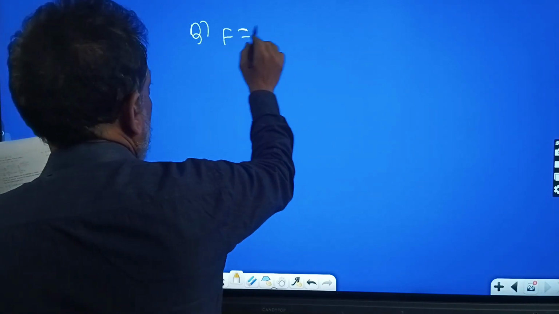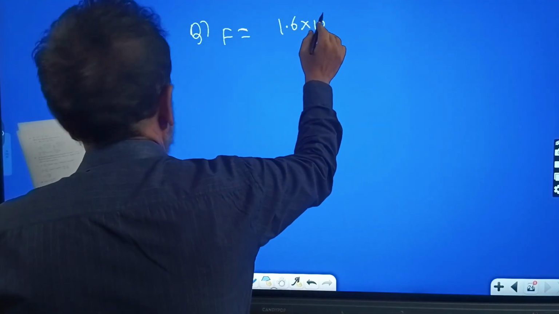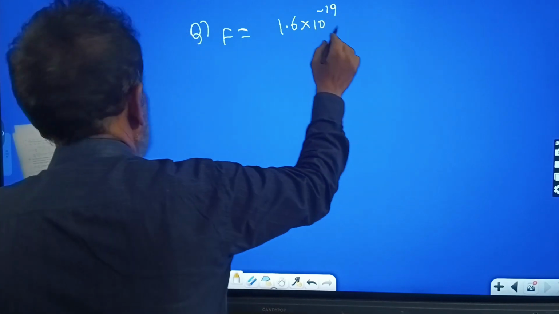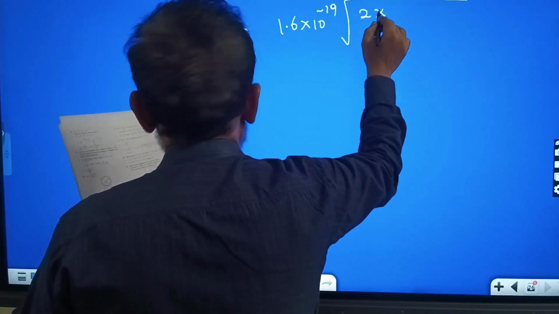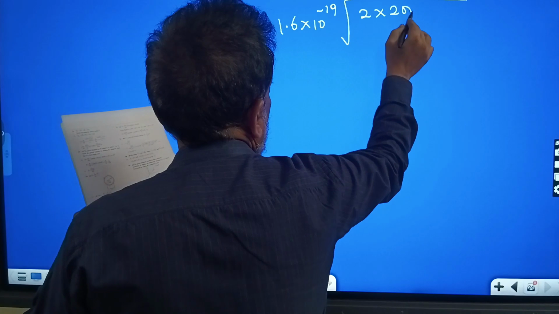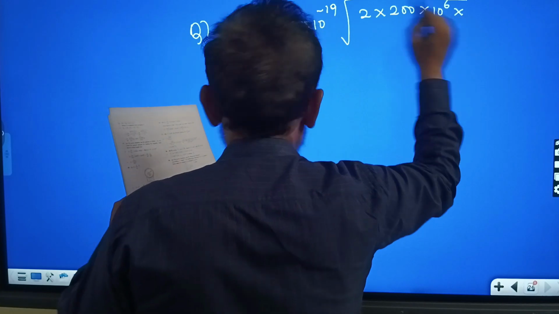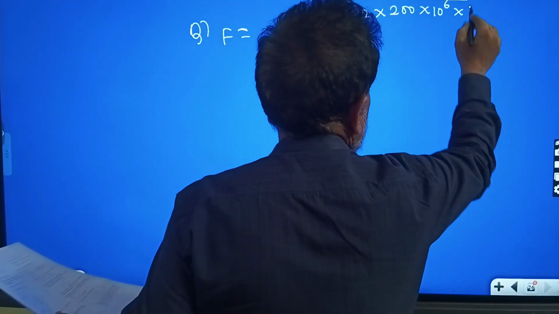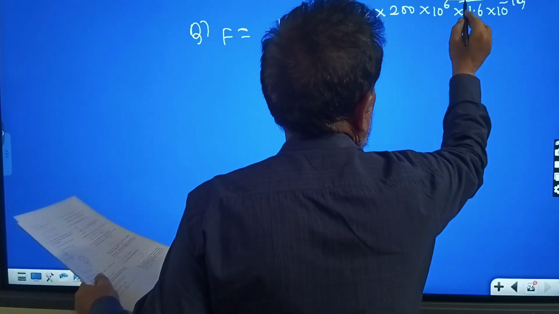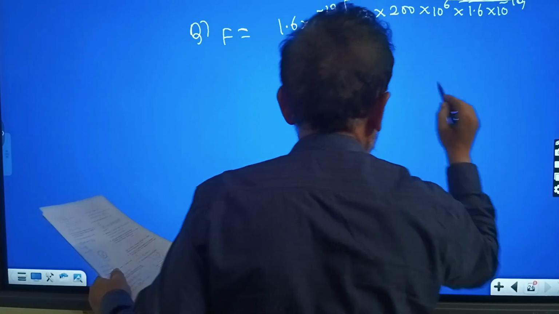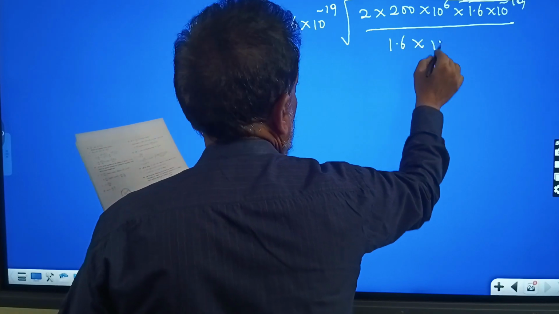Please take this value: 1.6 into 10 to the power of minus 19, square root of 2 into 200 into 10 to the power of 6, into 1.6 into 10 to the power of minus 19, divided by 1.6 into 10 to the power of minus 27.